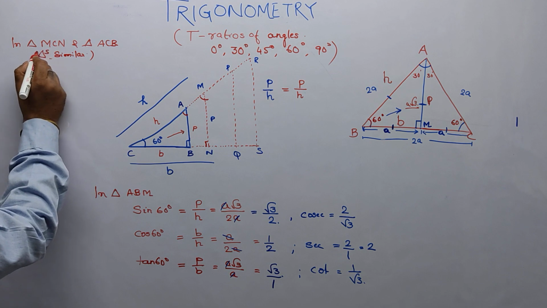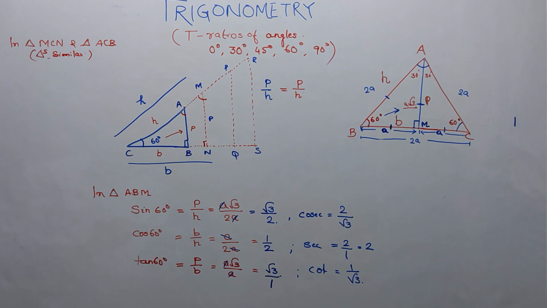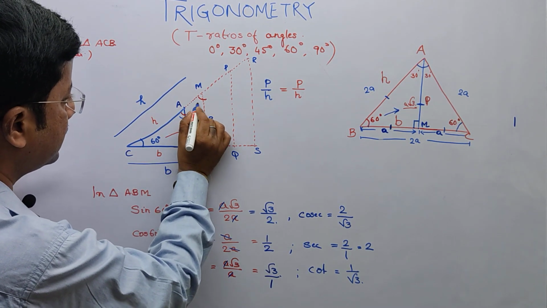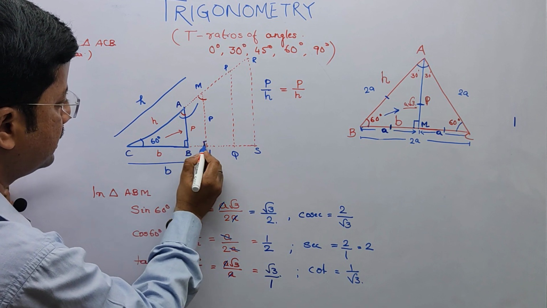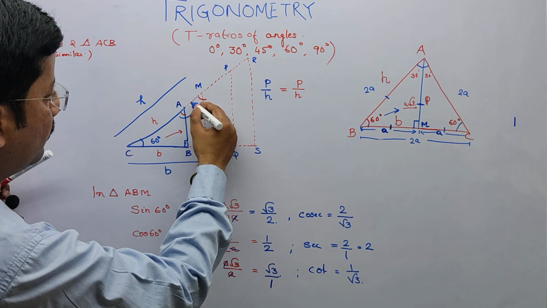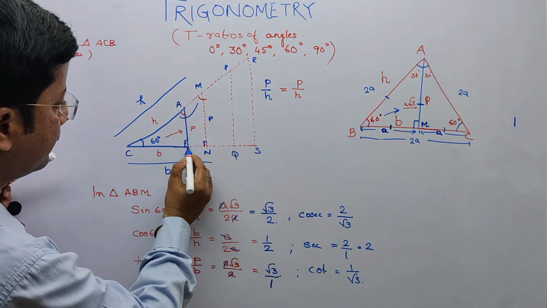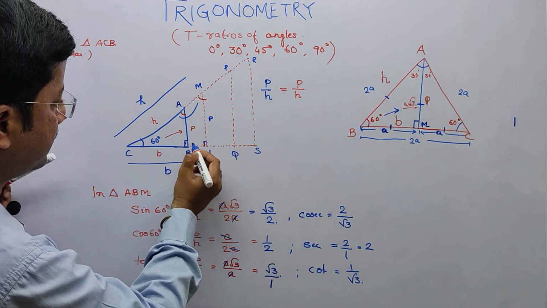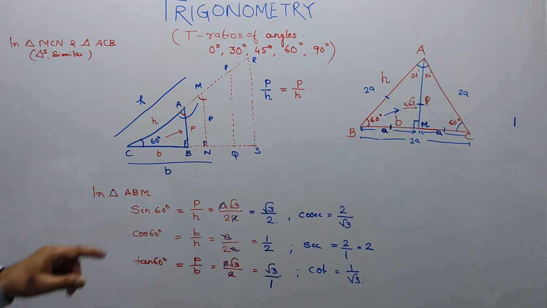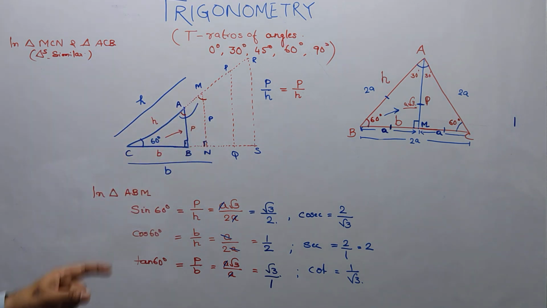Triangles are similar because all the angles are same. These angles are equal. Why do we say these angles are equal? These angles are corresponding angles. This is 90 degree, this is 90 degree, and I have extended. Why have I extended this line? So this is a parallel line. This is 90 degree angle, this is 60 degree angle. Then automatically this also becomes the same angle. So all the angles are equal, so the triangles are similar.